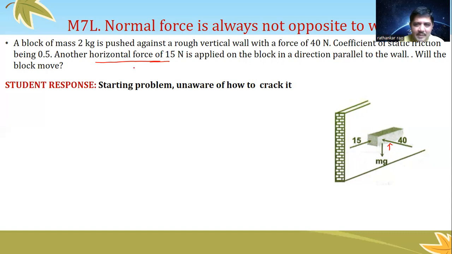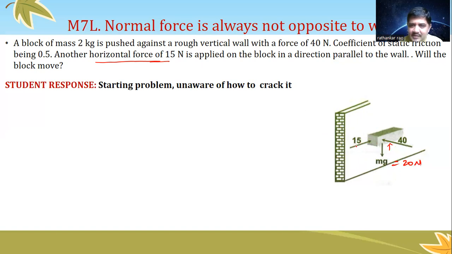Now let's see whether we can do it or not. Where is friction acting here? Since it's a rough wall, friction can act everywhere. Now you are applying a force 15 Newton here, a force 40 Newton here, and a force mg over here. What is the value of mg? m is 2 kg, so 2 into 10, 20 Newton downwards.